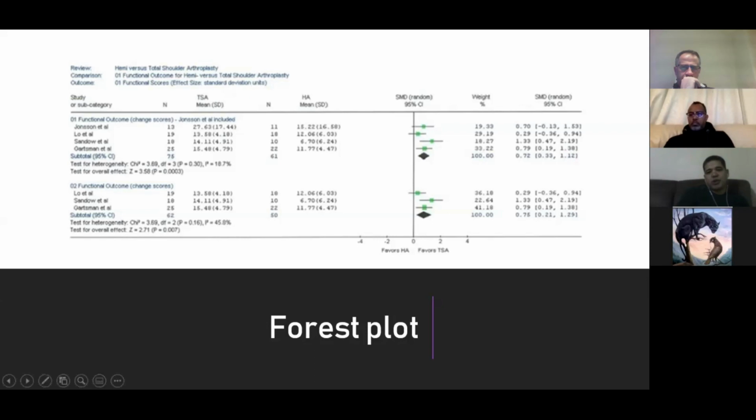And you have a 0 here, and you have the right and the left. All studies on the right are in favor of reverse shoulder, and all studies on the left are in favor of hemiarthroplasty. So if you are asked to interpret, most of the studies are in favor of reverse shoulder arthroplasty, and most of the studies have the same weight with a narrow confidence interval.